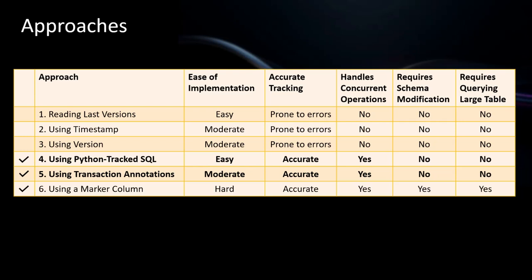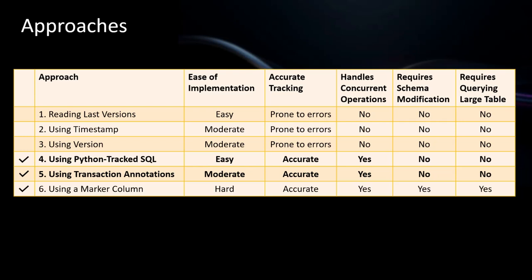I'm going to do a demonstration on the fourth, fifth, and sixth one. The fourth one is all about using the Spark SQL merge operation, or the merge command. So we'll be using the merge SQL command for performing the operation. But what we're going to do is capture the output of that merge operation and then use that output for extracting stats.